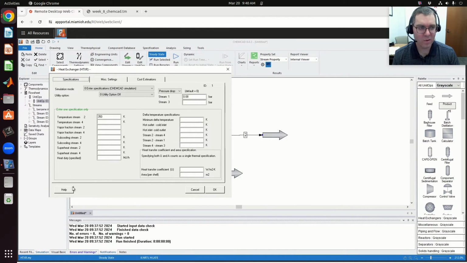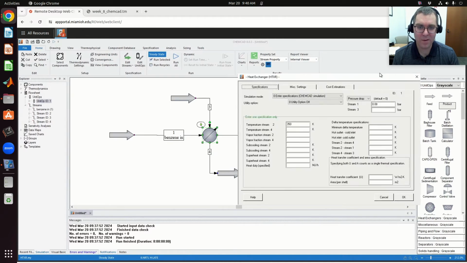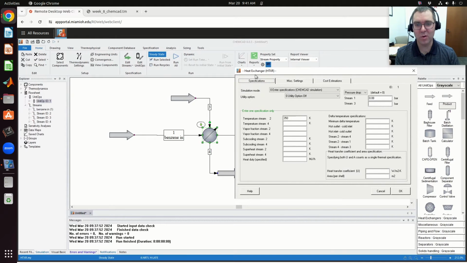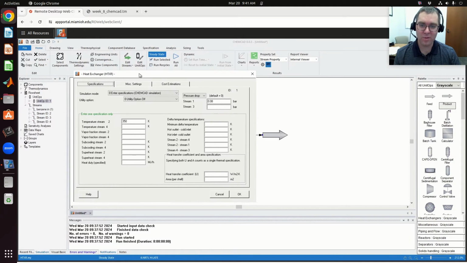Now you'll notice our whole calculated required heat duty of my heat exchanger is gone, because what's going to happen now is it's going to get that heat from a temperature change in my steam. So my steam is going to decrease in temperature. The heat removed from that steam is going to go to my benzene stream.